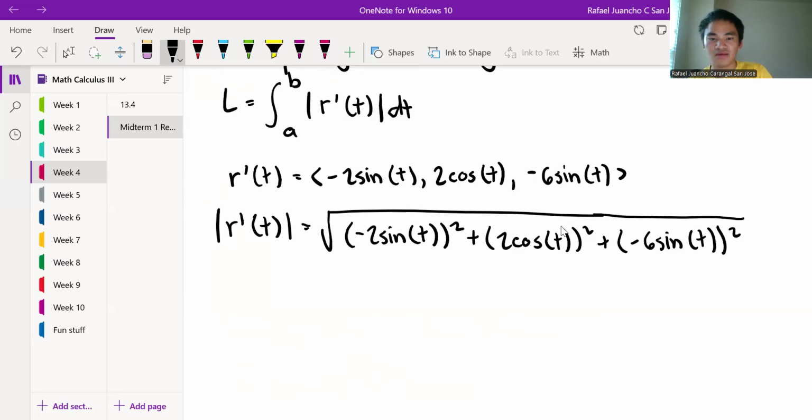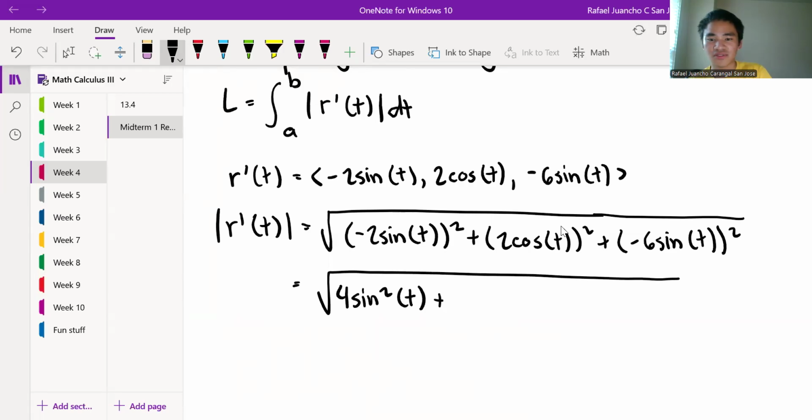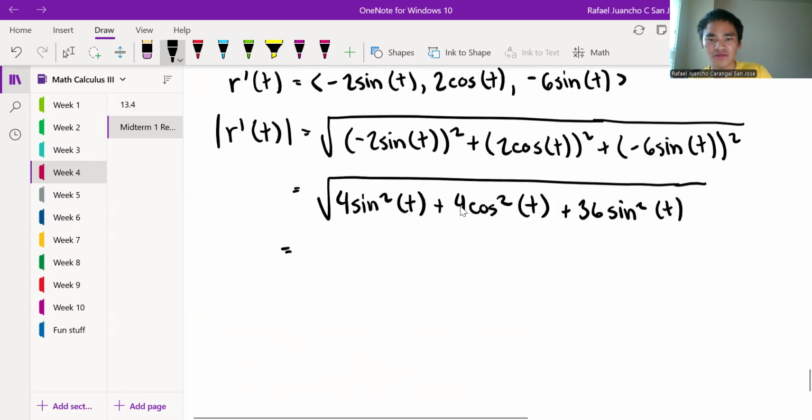Okay. Now we can actually simplify this whole thing. We can say this is 4 sine squared of t plus 4 cosine squared of t plus 36 sine squared of t. Nice. Now I can even add together.